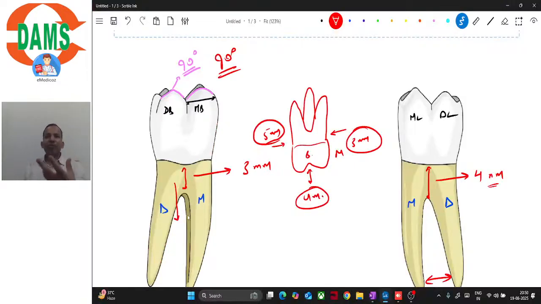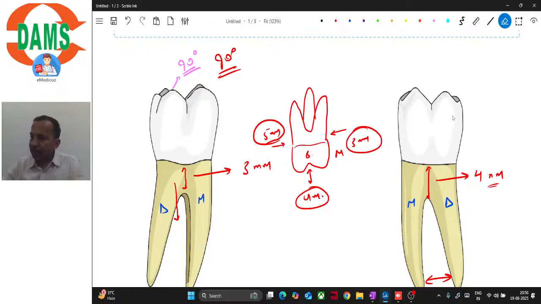If I asked you from which of the two views, buccal and lingual, all the 5 cusps will be seen, which of these two views will show all the 5 cusps? Obviously the answer is right in front of you, isn't it? From the buccal view we can see all the 5 cusps, but from the lingual view we can see only 2 cusps, the lingual cusps.